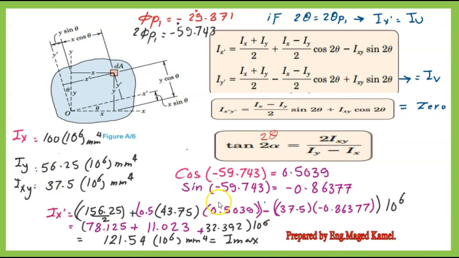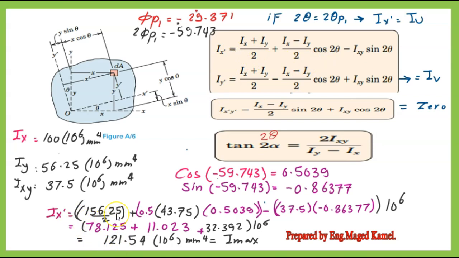For the Imax, we consider 2 theta b equals minus 59.743, which has a cosine value of plus 0.5039. Its sine value equals sine minus 59.743 equals minus 0.86377.